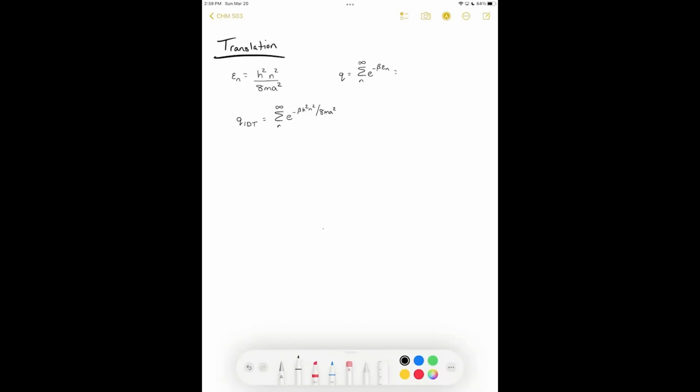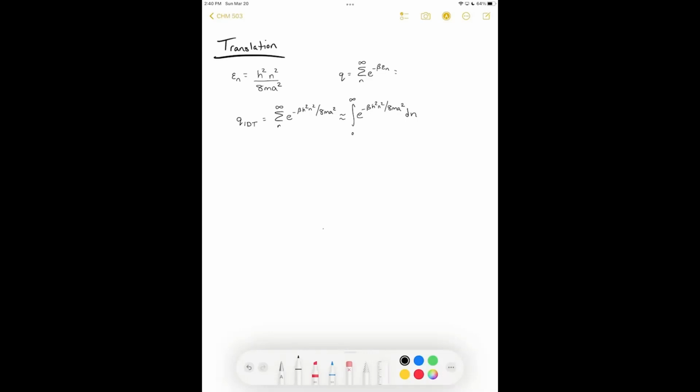So rather than being a sum from n to infinity, we can approximate this as the integral from 0 to infinity of e to the minus beta h squared n squared over 8ma squared with respect to n. Now, this actually has a solution. This is something that we could look up in the back of our book.